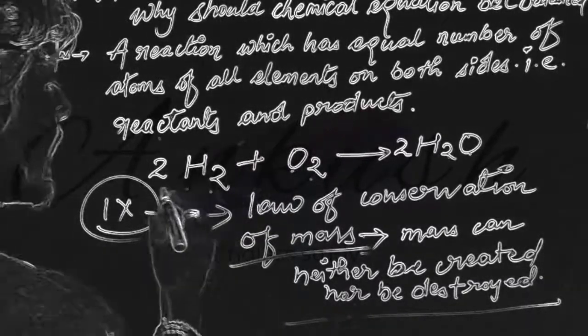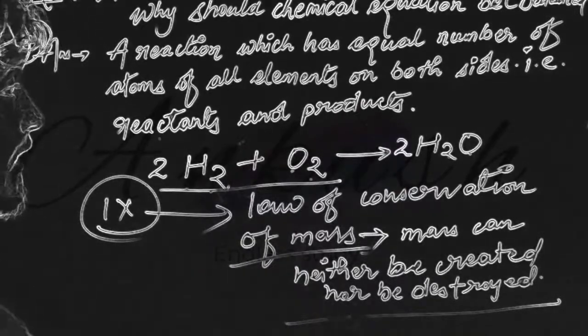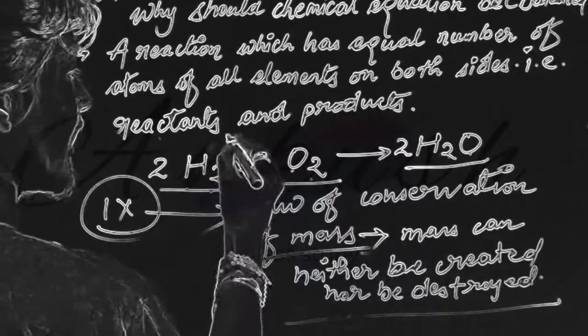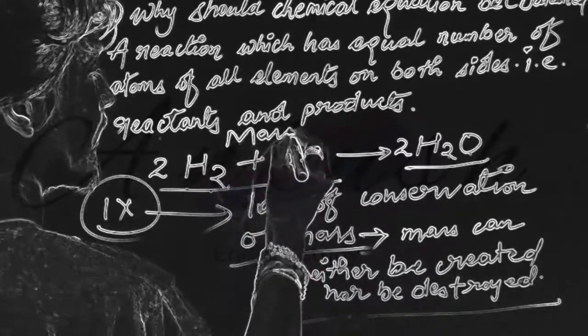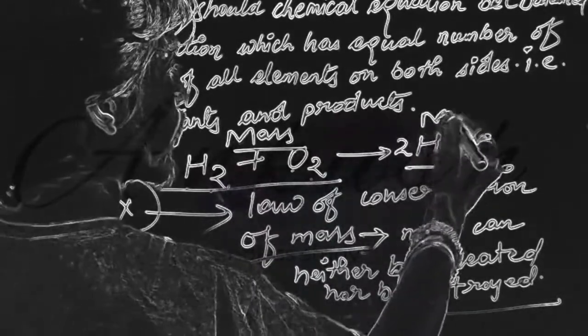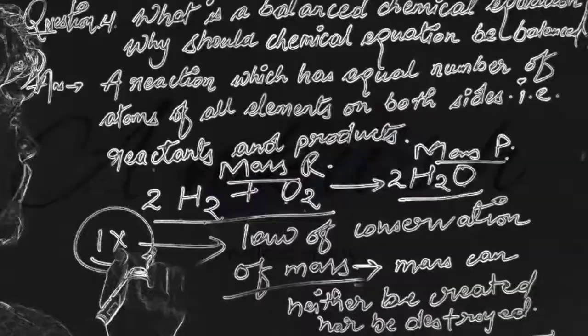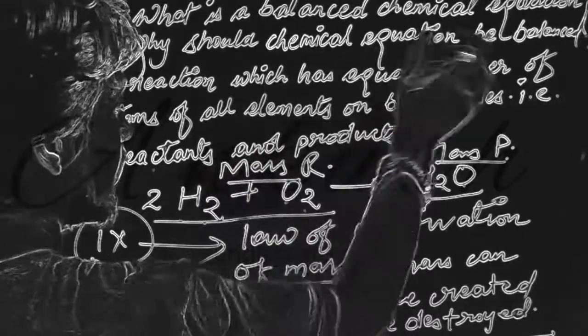So the number of atoms in the reactants should be equal to the number of atoms in the products. That is, the mass of reactants should be equal to the mass of products. That's why we balance a chemical equation.